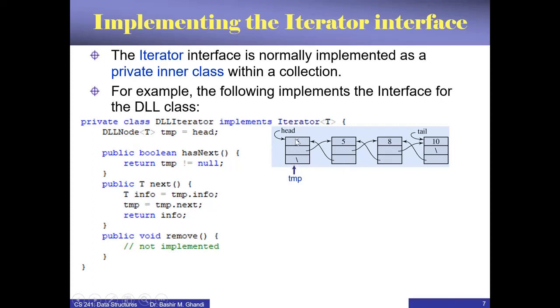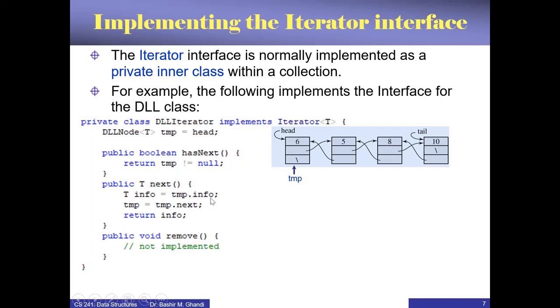Now we know that if we put a return statement at the beginning, then that will be the last statement in your method. So we have to first save this value in a temporary variable, then move temp to the next, and then return the value. This is exactly what the next method here is doing.